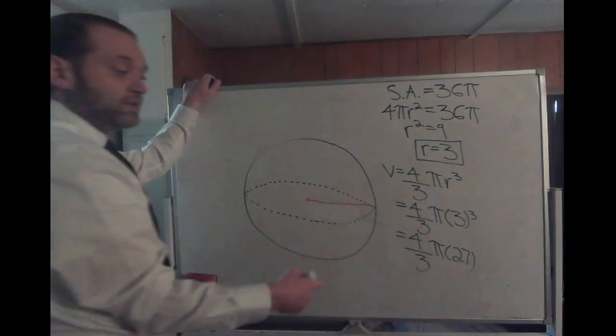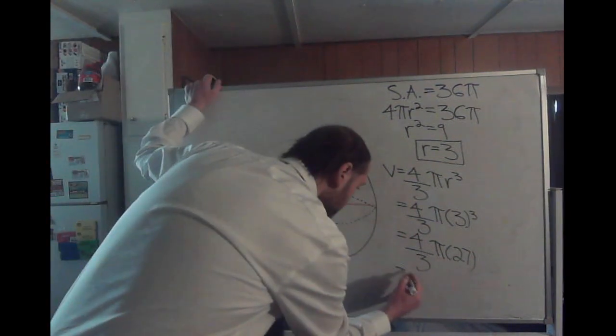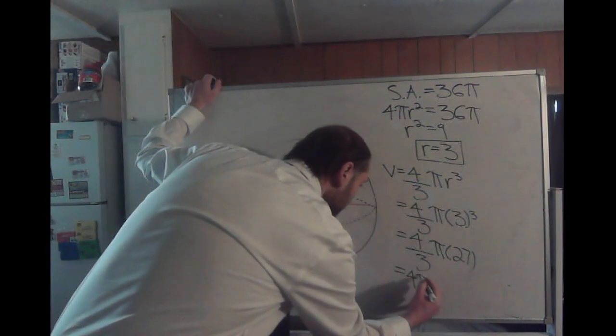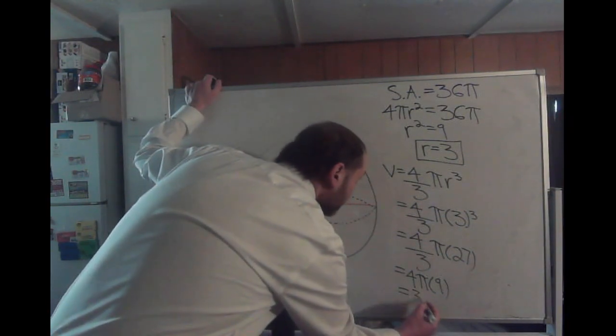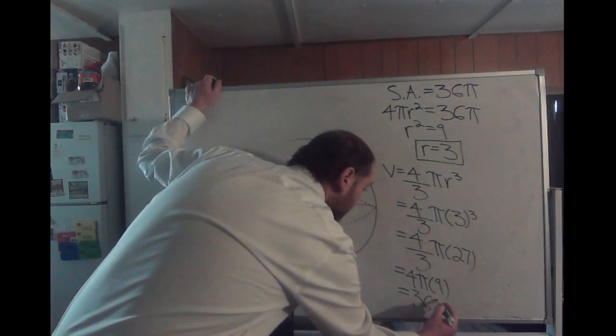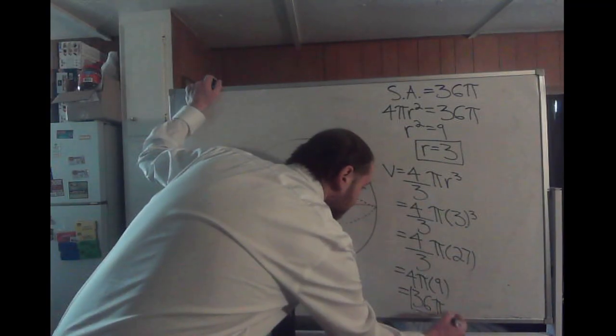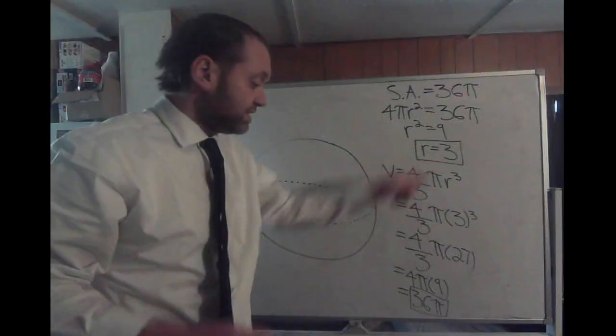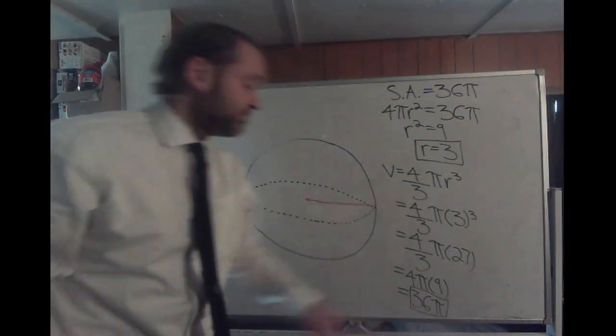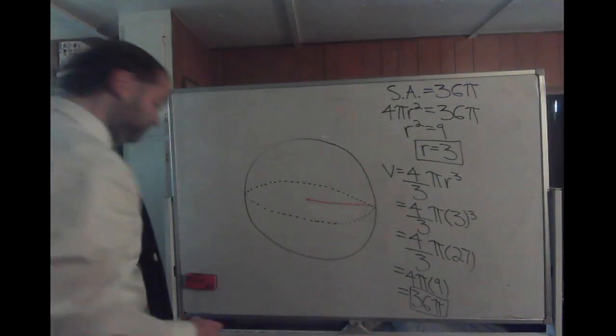Well, 27 does divide by 3, so you would get 4 pi times 9, which would give you a volume of 36 pi cubic units. So the radius is equal to 3 units, the volume is equal to 36 pi cubic units.